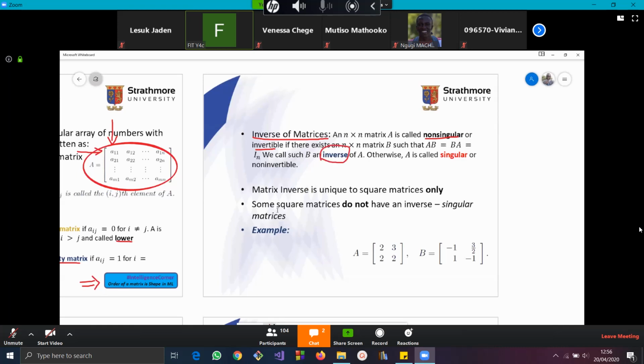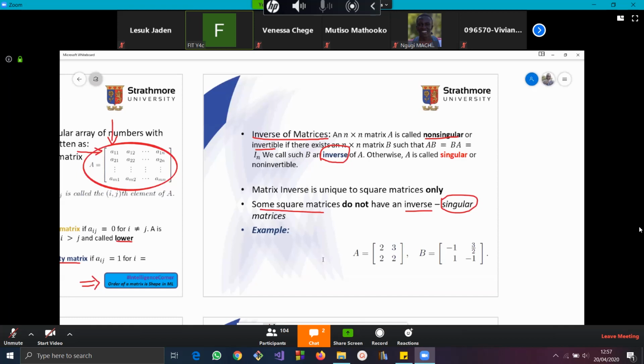The opposite is true: some square matrices do not have inverses. These are called singular matrices. So a singular matrix is a matrix without an inverse. You should also note we can only compute inverses of square matrices.